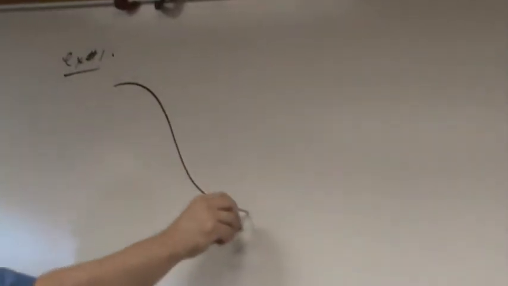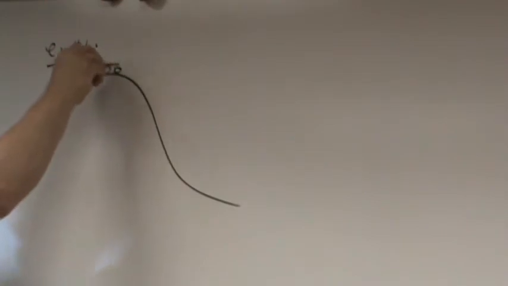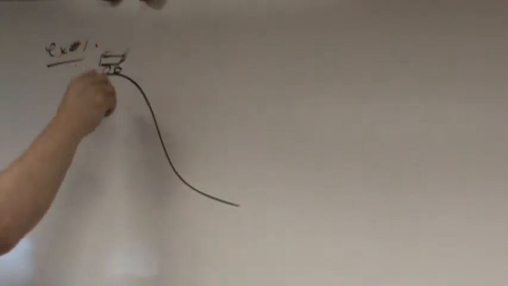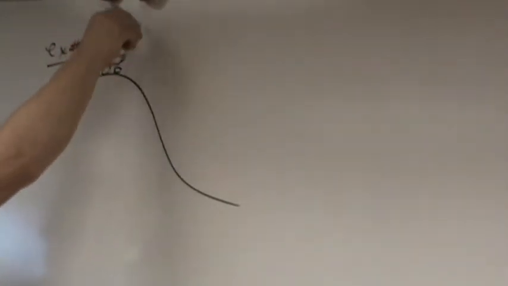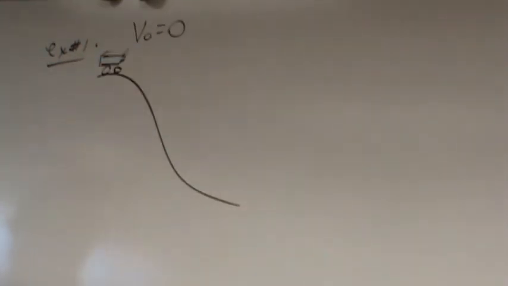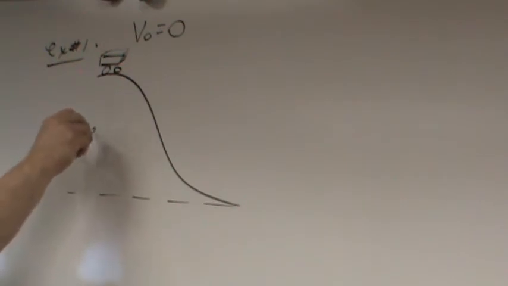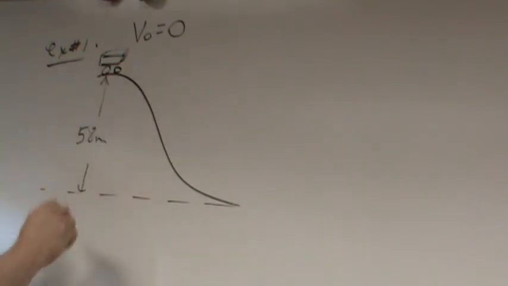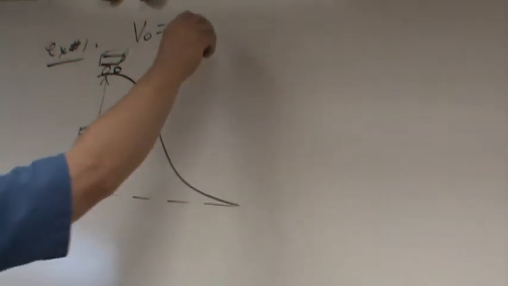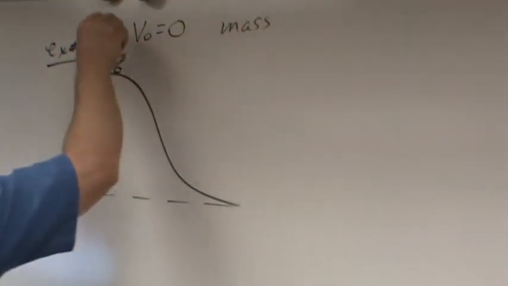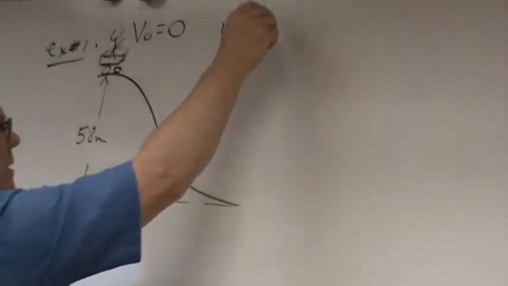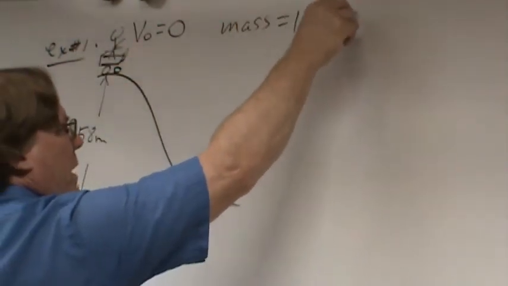Here comes example number 1. You're on a roller coaster. Your initial velocity is 0. Your roller coaster is 58 meters above the ground. The mass of this roller coaster plus the human being inside of it is 150 kilograms.